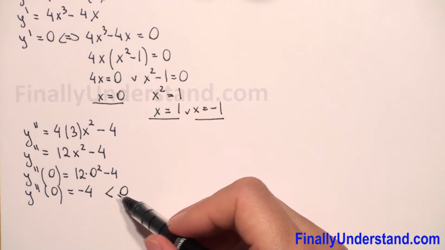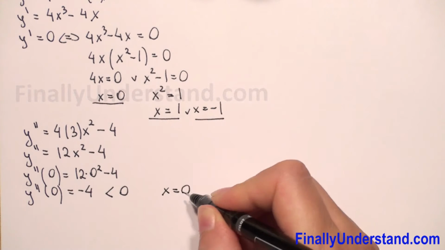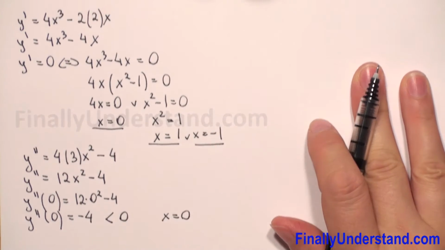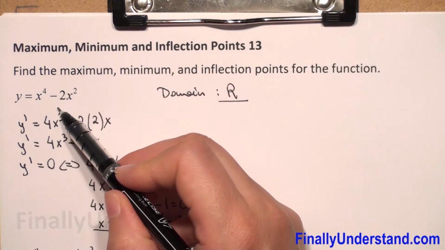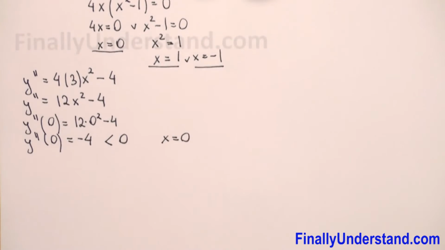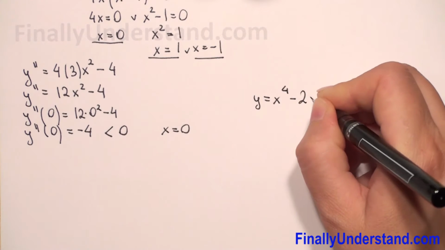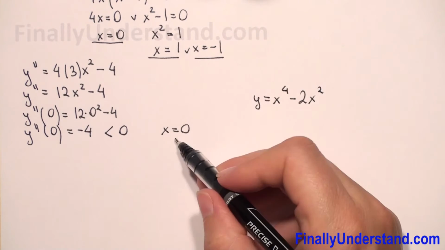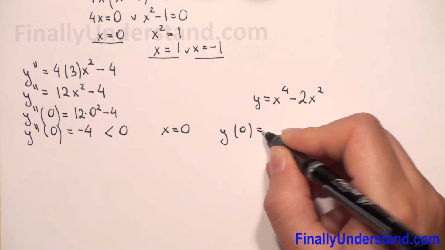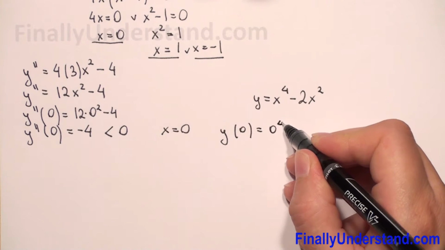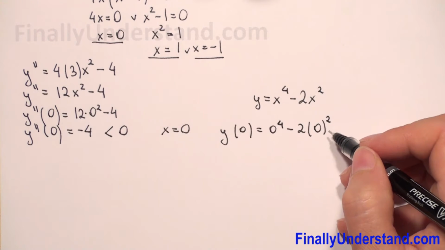So let's calculate this here. For x equals 0, we have to replace x by 0 in our function y. Let me copy this function here. We have y equals x to 4 minus 2x squared. So for x equals 0, we will have y of 0 equals 0 to 4 minus 2 times 0 to second power.